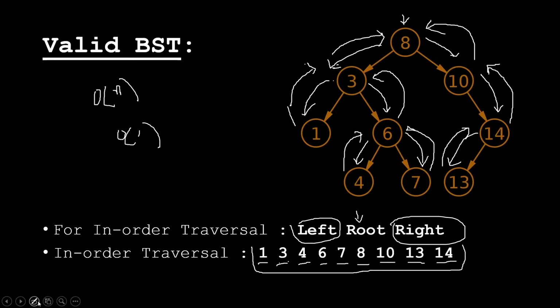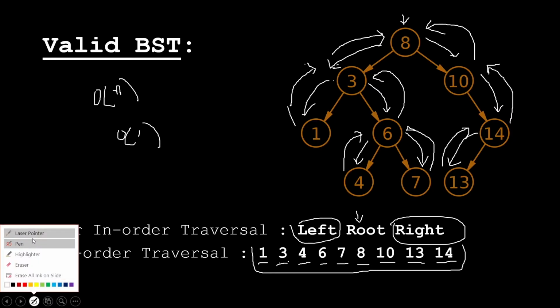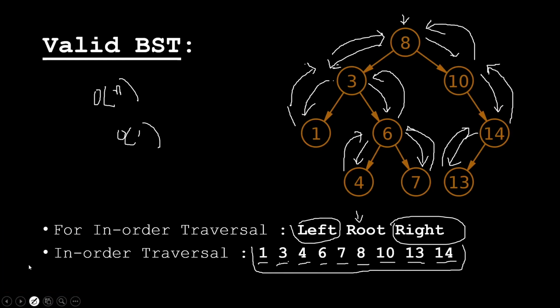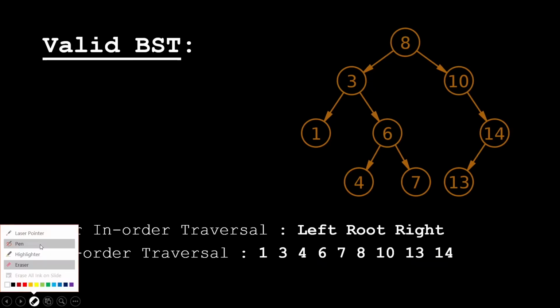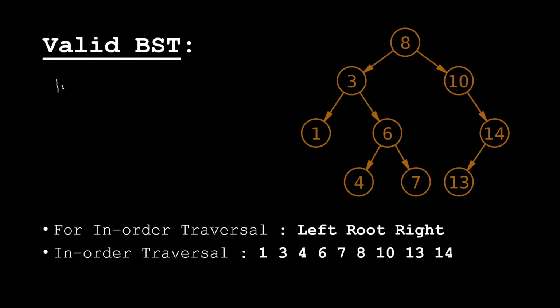The way we perform that is we can use a variable called last printed, let's say LP. Initially it is null because we haven't visited anything yet. So first we'll be at 8, right?